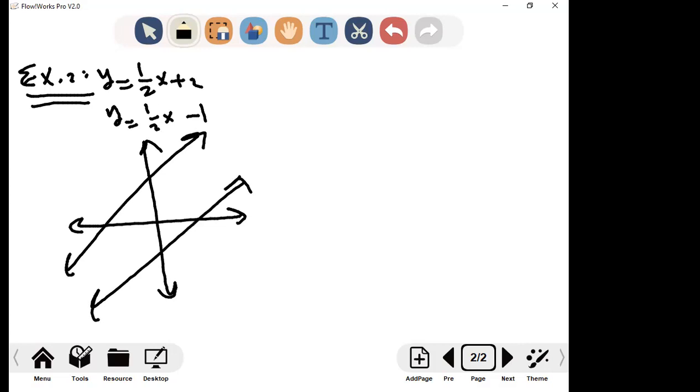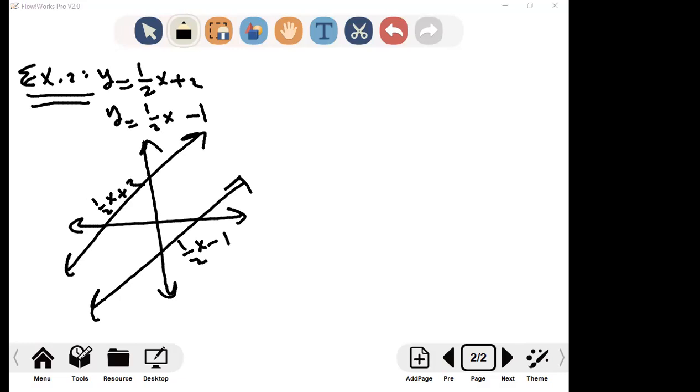Two lines. Do they intersect? No. Means there is no solutions, right? No intersection points, no solutions.